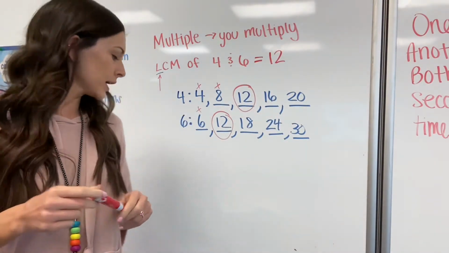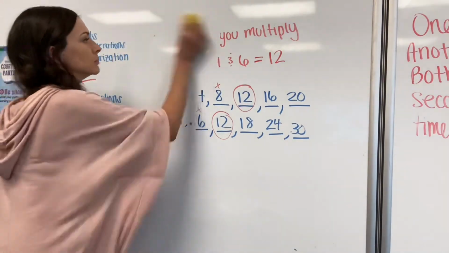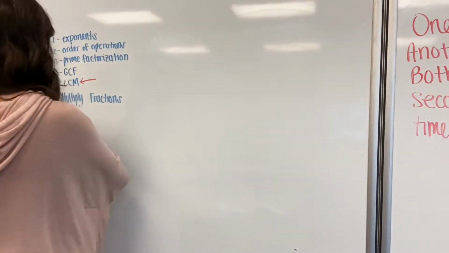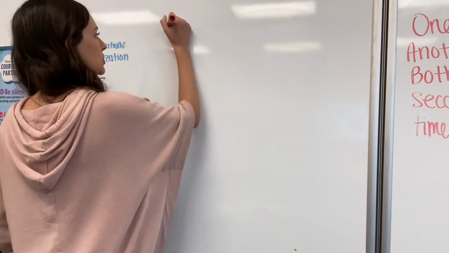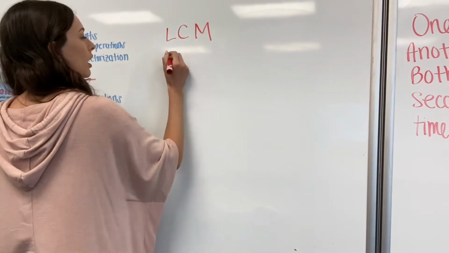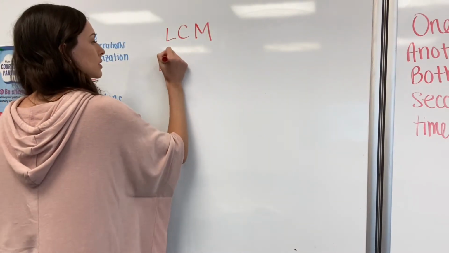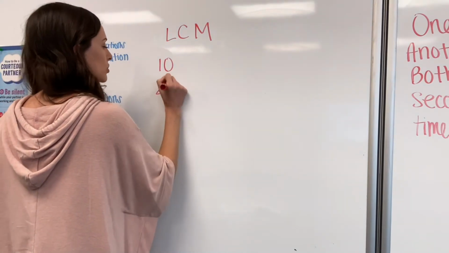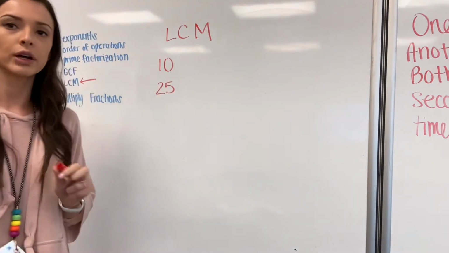So let's try out another problem. Let's say that I am trying to find the least common multiple of 10 and 25. Go ahead and try this one out.